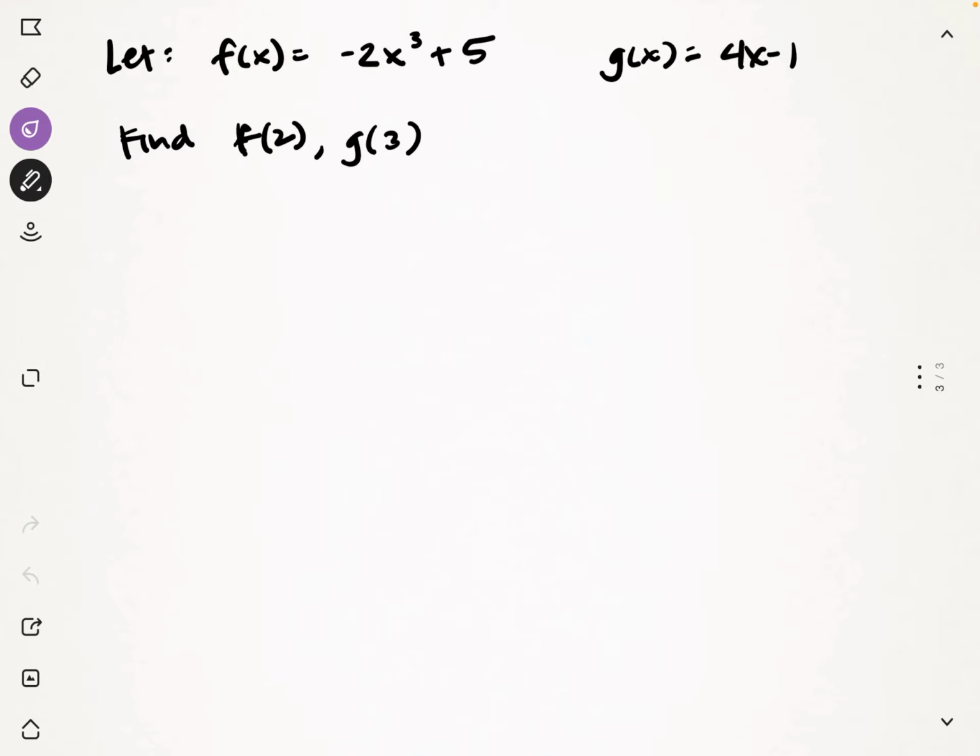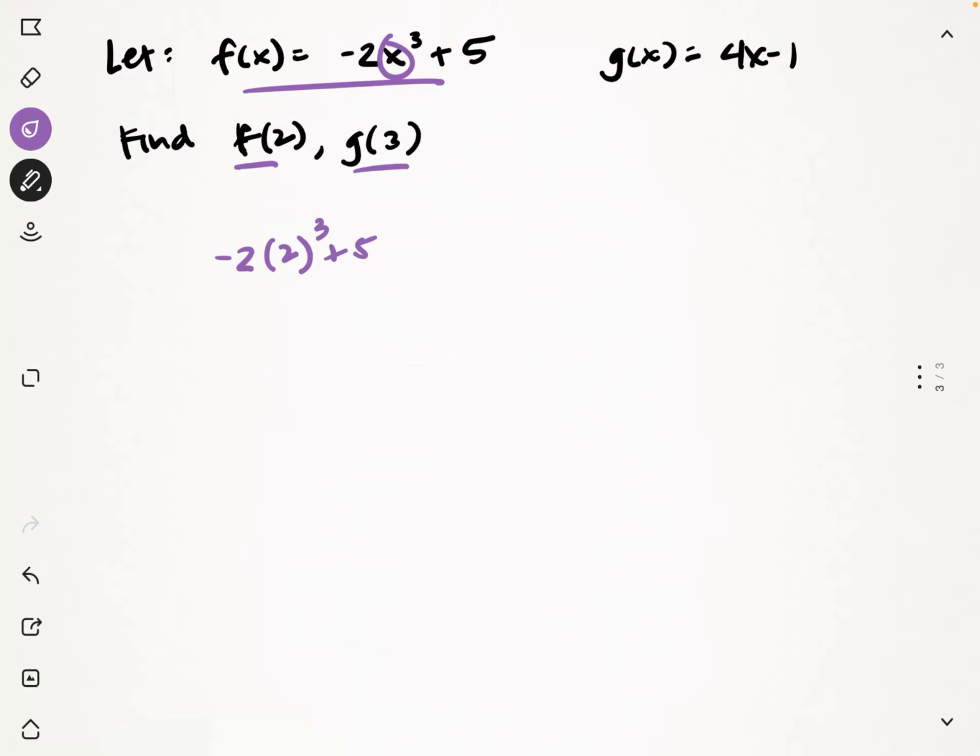Okay, so the last thing, it's not really determining function or non-function, it's just evaluating. This is kind of like Algebra 1 work. What it's asking us to do is find f of 2 and g of 3, and our functions are given. All we're going to do is substitute into our x's. So for f of 2, we take our f of x, and in place of our x, we're going to put a 2.